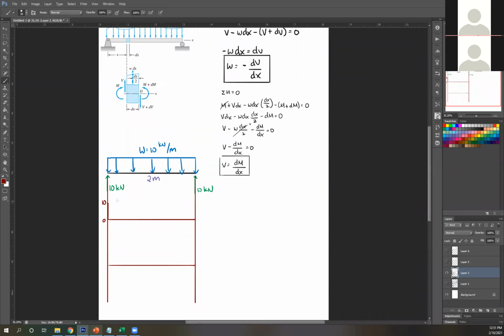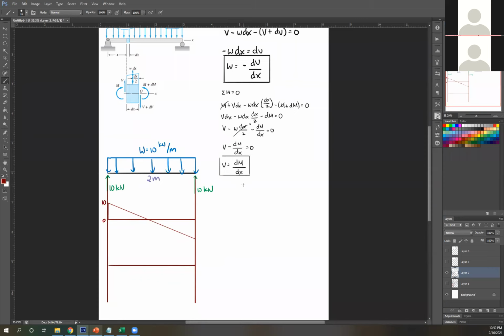So going downward, get this. Then you're gonna wonder how much do I go downward? So it's 10 minus the total point load of this. So 10 minus 10 times 2, that's 10 minus 20.